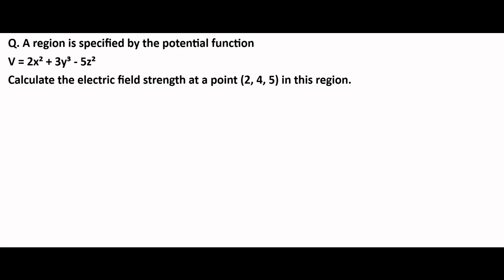Okay, so here you have to understand the basic definition of electric field in terms of potential gradient. It is minus dV by dr, which is the negative potential gradient, that is the electric field.